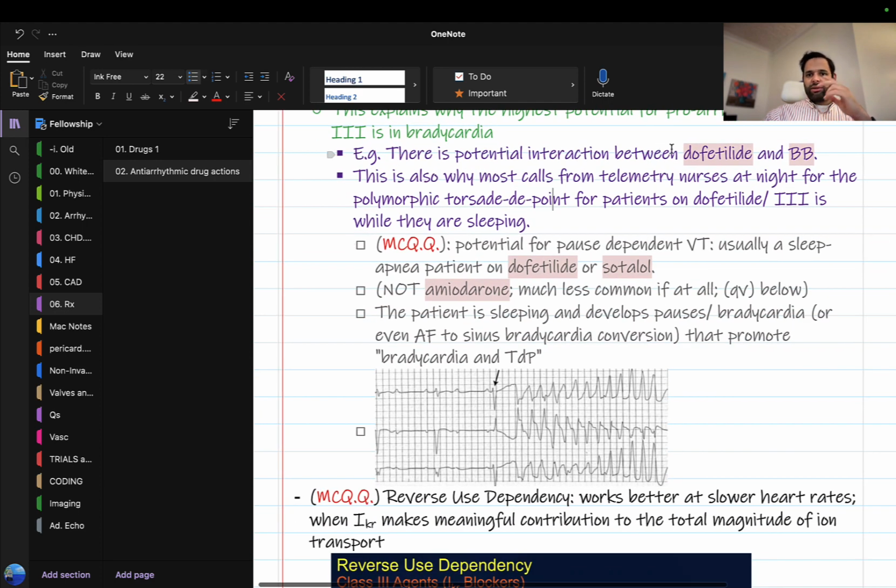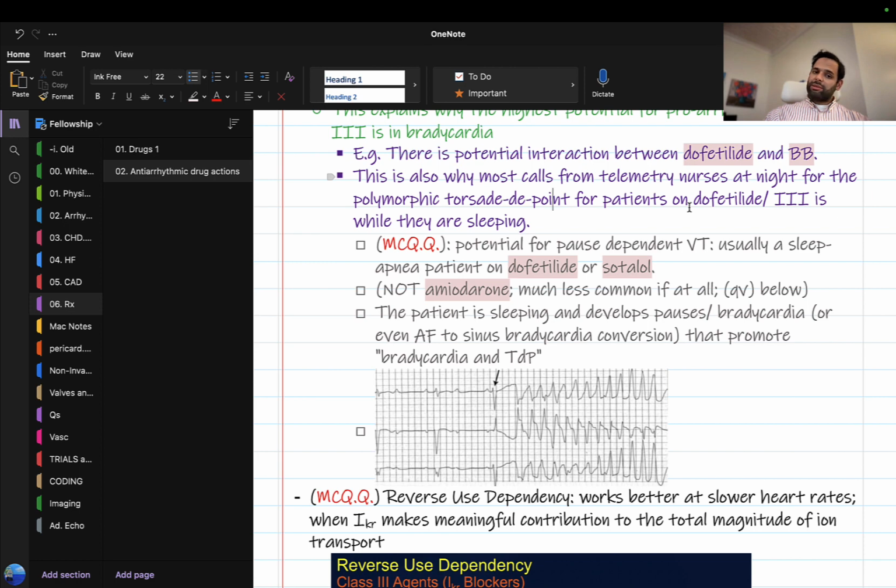There's potential for interaction between dofetilide and beta blockers. That's also why you get most calls from telemetry nurses: beta blockers slow the heart down, dofetilide is class 3 with reverse use dependency, and a lot of beta blocker will cause arrhythmia. You get a call from the nurse at night for polymorphic torsades de pointes on the rhythm monitor for a patient on dofetilide or any other class 3, sotalol for example.